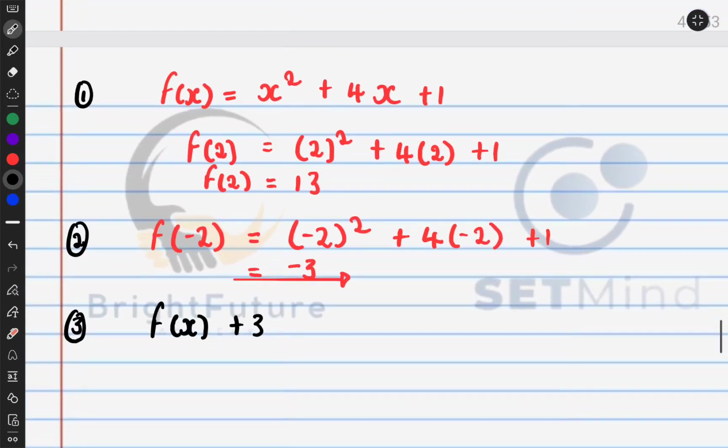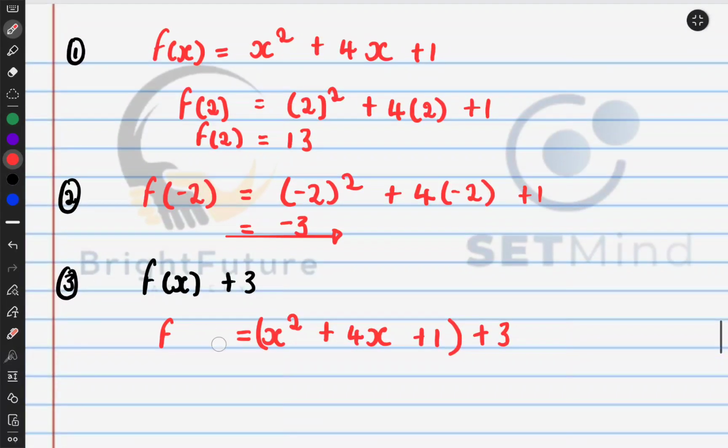So the way we go about this one is we're going to say, what is f at x? f at x is equal to x squared plus 4x plus 1. This is f at x, and then we're asked to add 3 on top of that. So that's f at x plus 3.